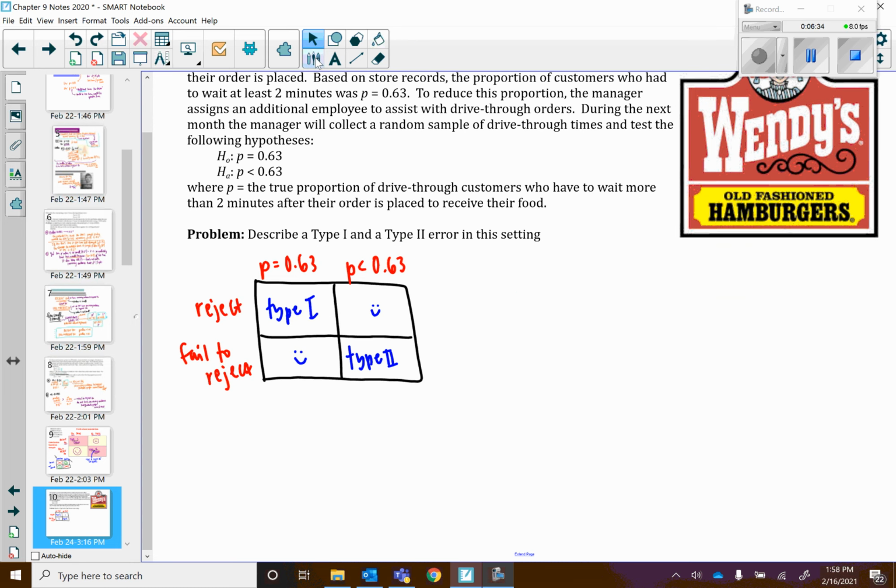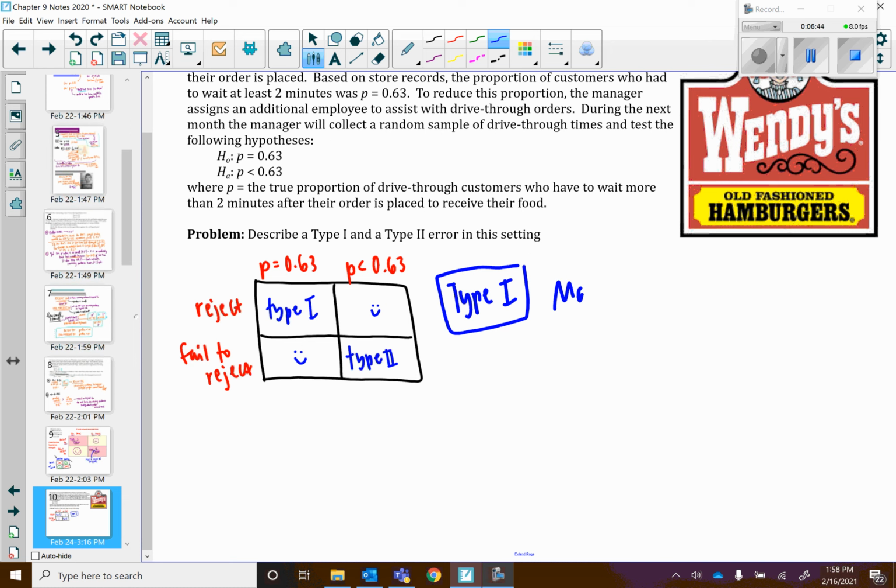A type 1 error is that the null hypothesis is true, but we reject it. So the manager believes that the time has gone down. They reject the null, meaning we have evidence of the alternate.